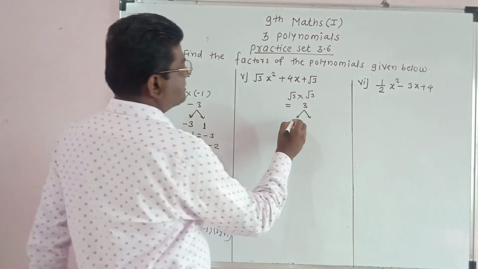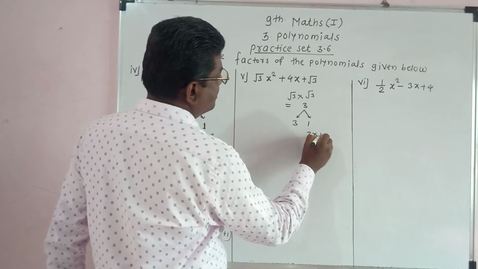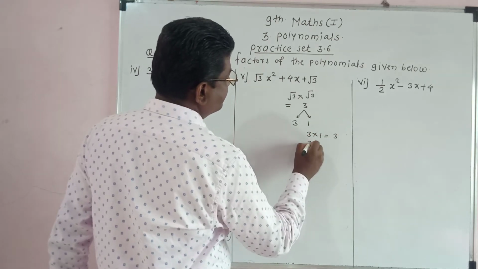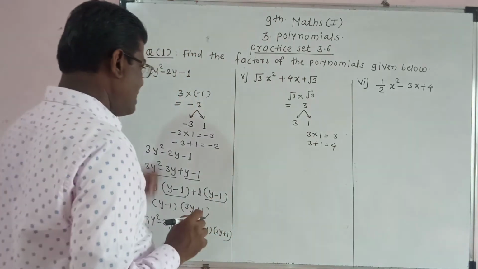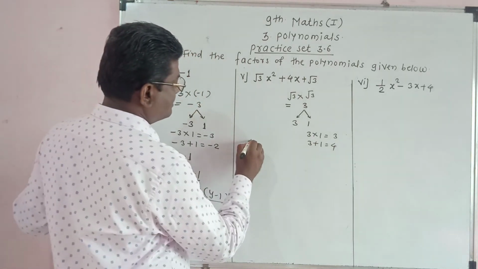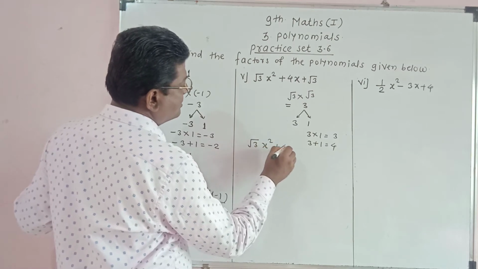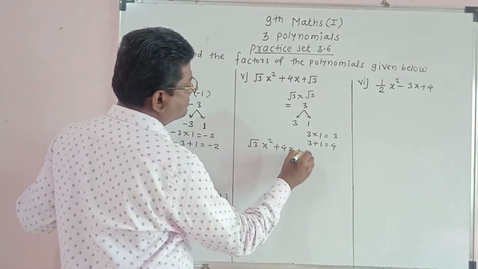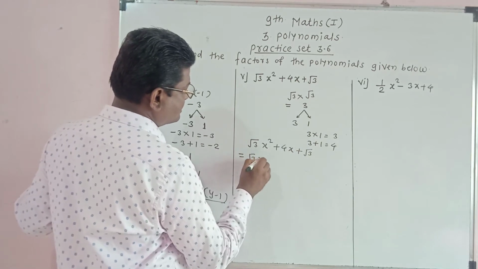So such numbers are 3 and 1, so that 3 into 1 is equal to 3 and 3 + 1 is equal to 4. Now solve this example. √3x² + 4x + √3 is equal to √3x².